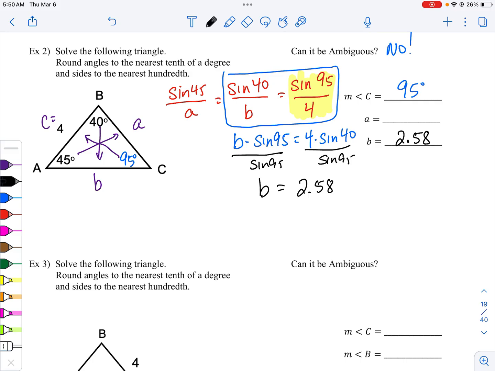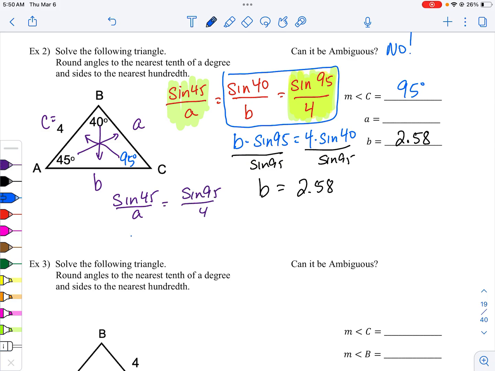Now, the downside here is I can't do the Pythagorean theorem because there's no right triangle. So I've got to use the first fraction and this last fraction, and do basically the exact same thing. Sine of 45 over a equals sine of 95 over 4.